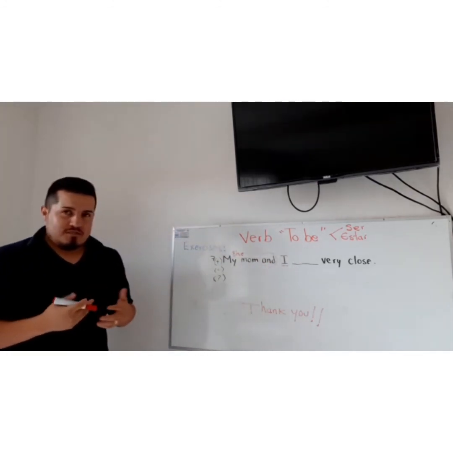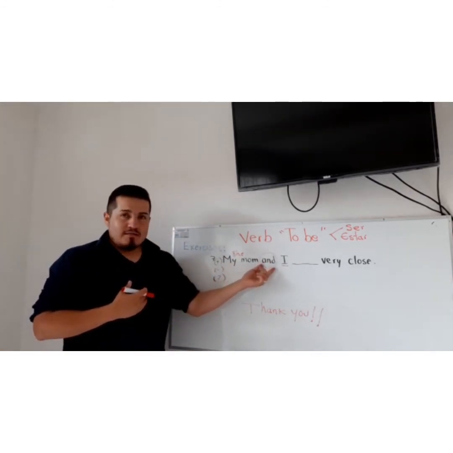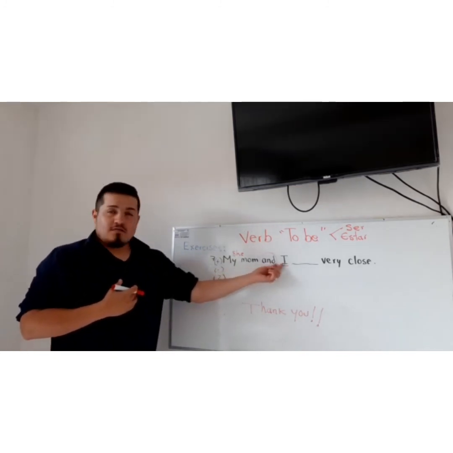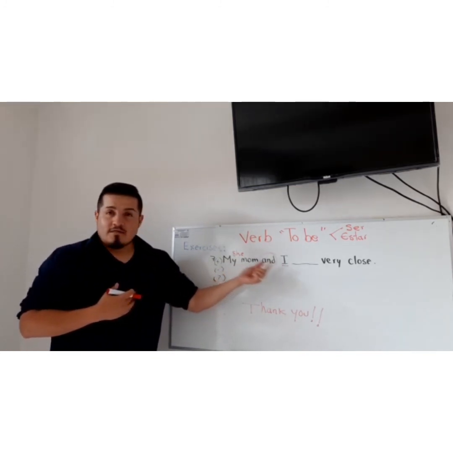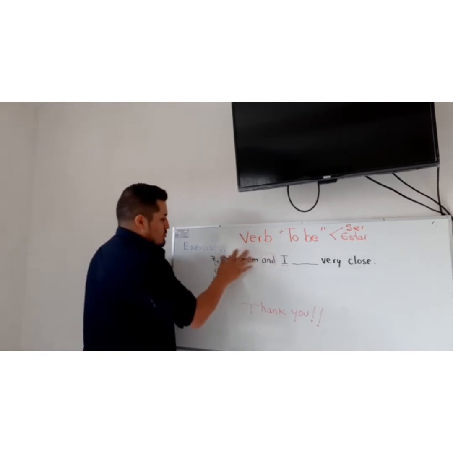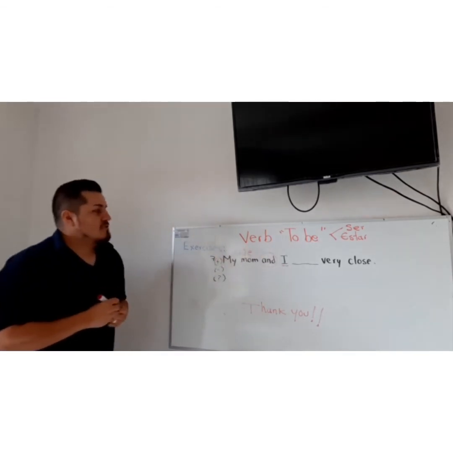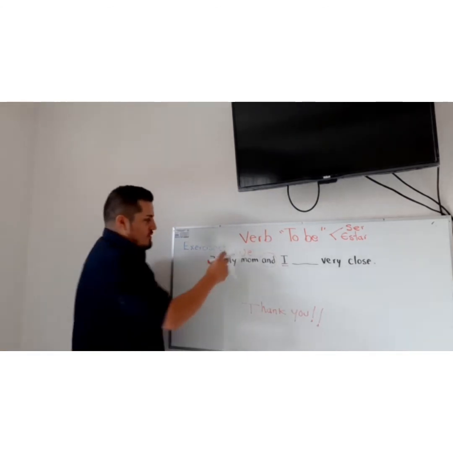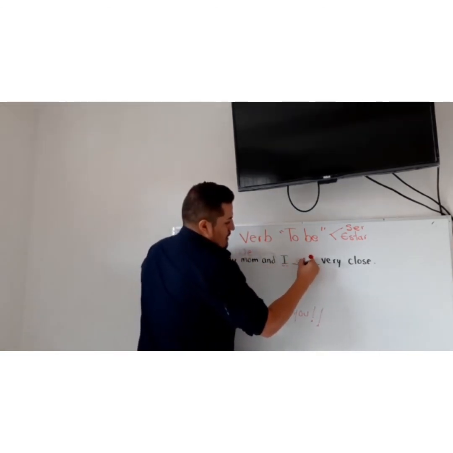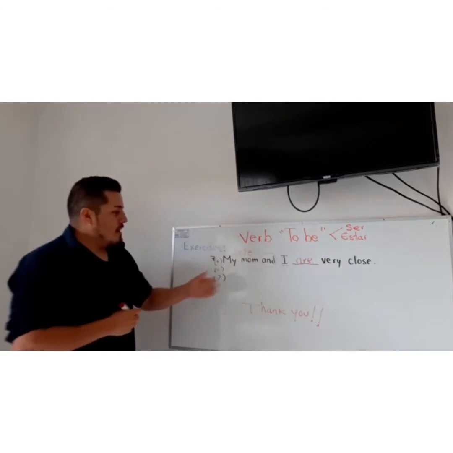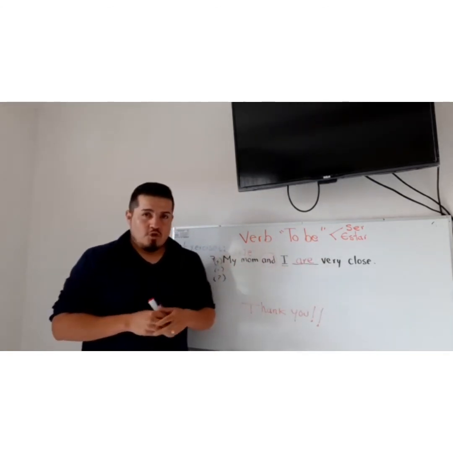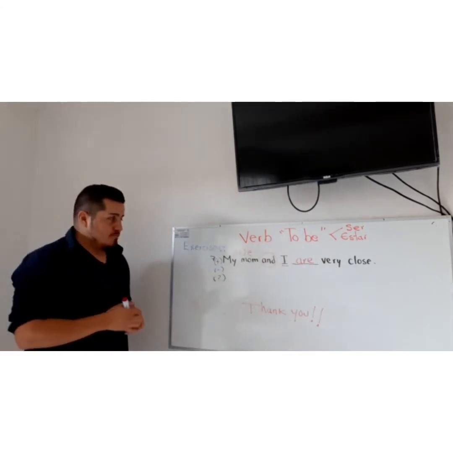We're together in this sentence. My mom and I is not only she. I'm included. So my mom and I, nosotros. Nosotros would be my personal pronoun in this sentence. So the conjugation will be we are very close. My mom and I are very close. Mi mamá y yo somos muy unidos.